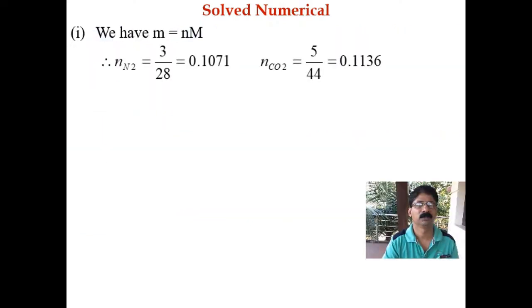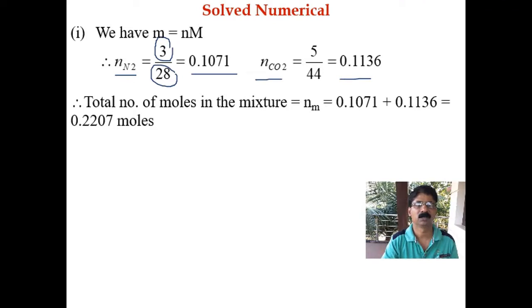So you have mass is equal to number of moles into molecular weight. So the number of moles of N2 is nothing but mass of N2 divided by the molecular weight of N2, so you'll get 0.1071. Similarly, number of moles of CO2 is 0.1136. Total number of moles of the mixture, you just add those two, so you'll get 0.2207 moles.